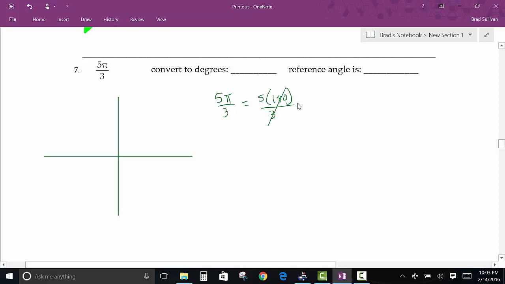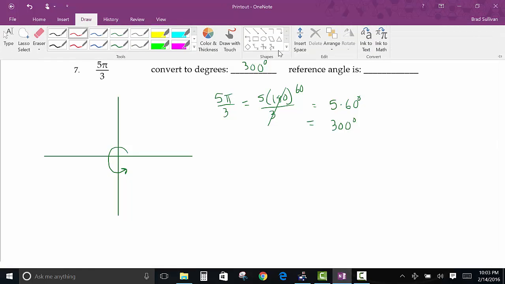You can reduce that fraction: 180 over 3 is 60. So you get 5 times 60 degrees. That means you get a 300-degree angle, which would be in quadrant 4. Let's sketch that out. We know that we're going to be somewhere in quadrant 4.